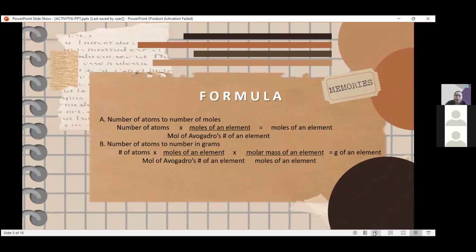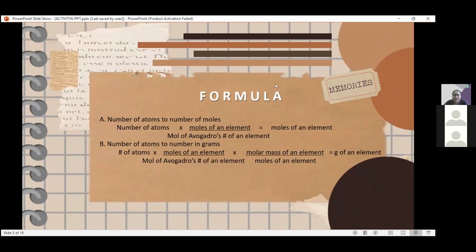Okay, so we are going to follow these two formulas. We will be computing for the number of moles if the number of atoms is given. So the number of atoms, i-multiply natin. Remember, sa isang mole ng element, we have 6.0221 times 10 raised to the power of 23 atoms.